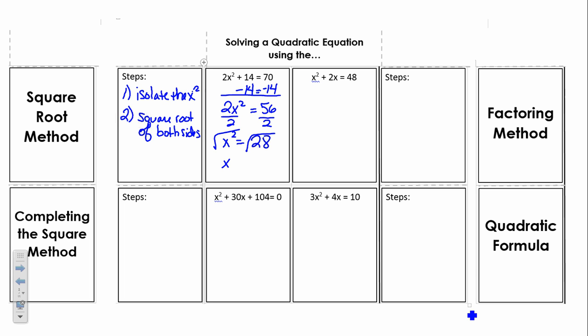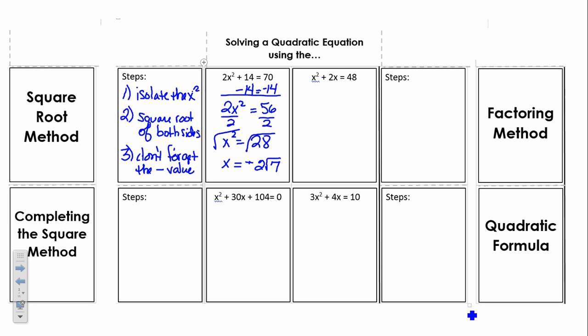And we'll get x equals, 28 is 4 times 7, right? So what comes out? 2 square roots of 7. But our third step is don't forget the negative value.